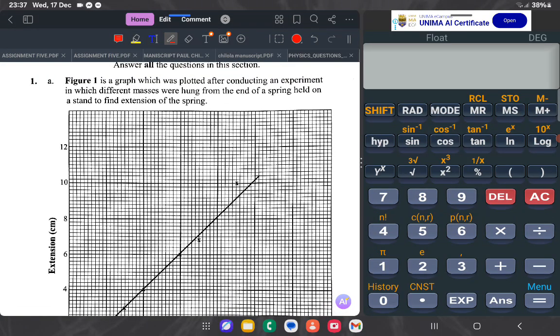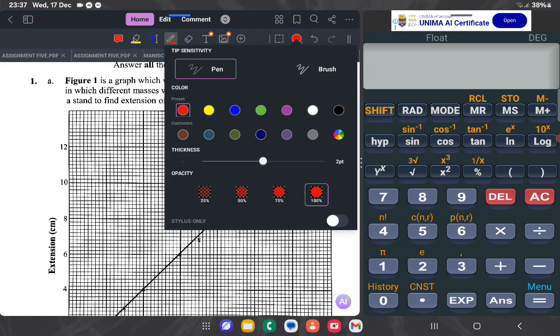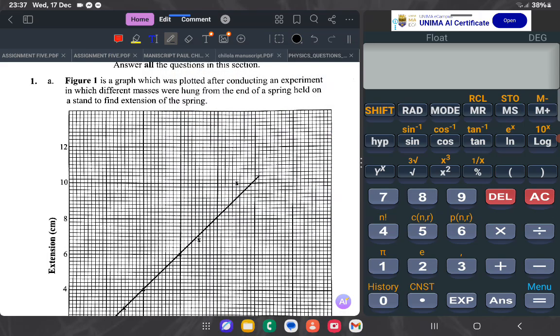Okay, let me just remind you what we mean by extension. When you hang a spring on a stand, the length of the spring is called unstretched length, or original length.